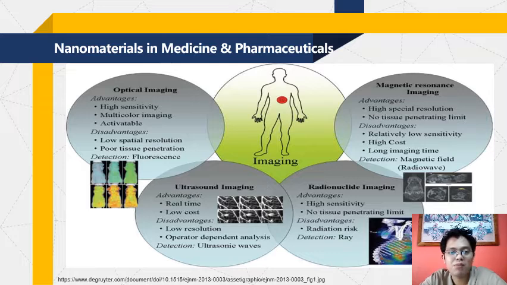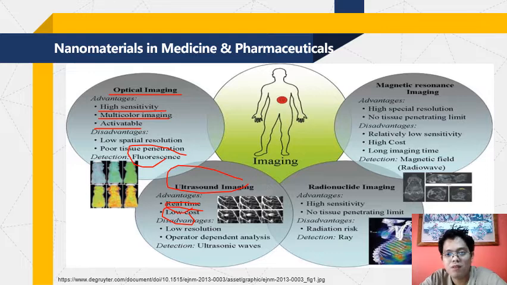Now, for example, for optical imaging with the use of nanomaterials, your optical imaging device would be highly sensitive, multicolor imaging is possible, and it's activatable as well, through the process of fluorescence. Then for ultrasound imaging, its advantage is it could be real time and it's low cost.